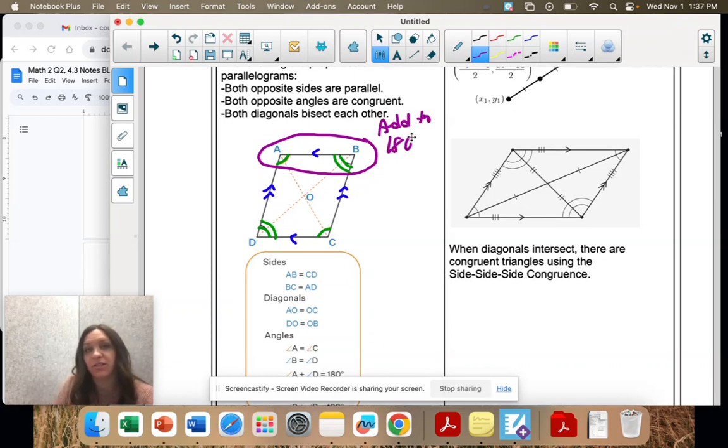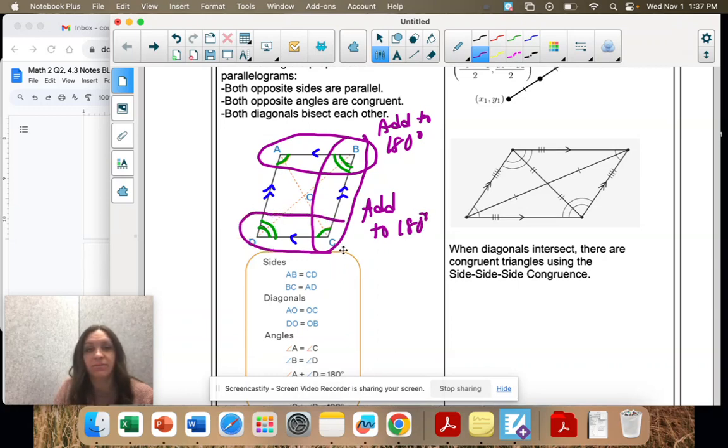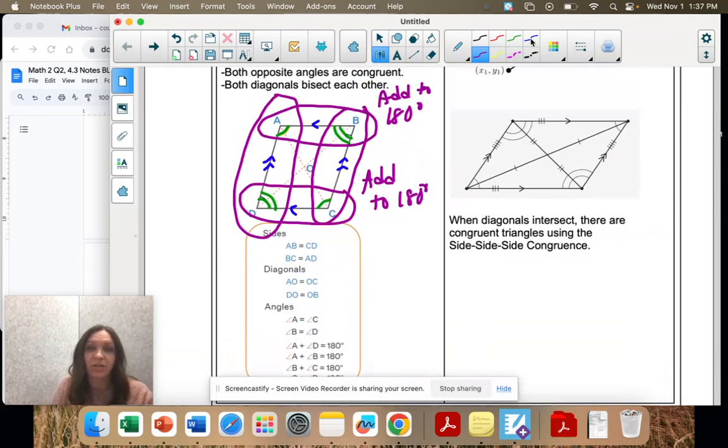Those are actually supplementary. And same thing here. These add to 180. And I could go all the way around. Add to 180. Add to 180. Okay? So when you're trying to find angles, remember that.